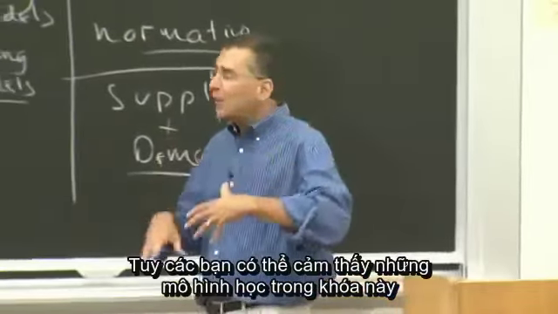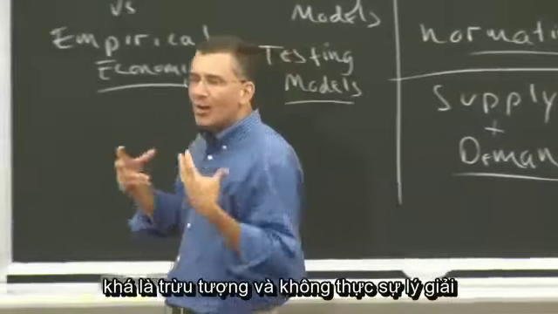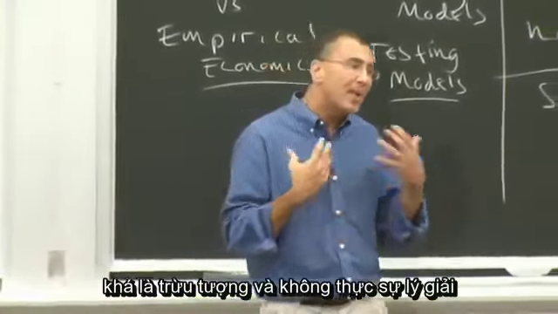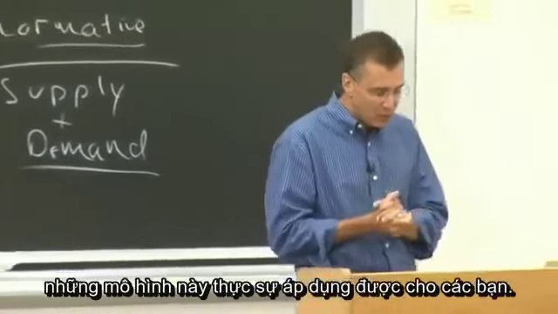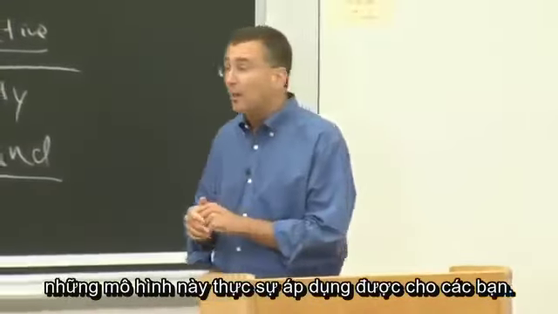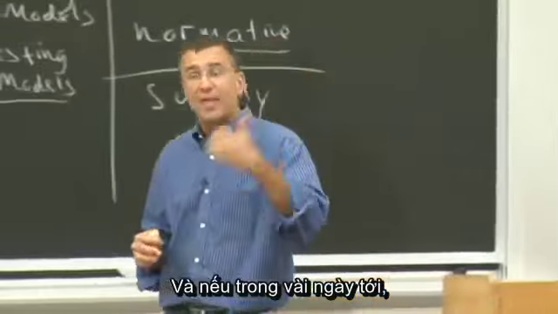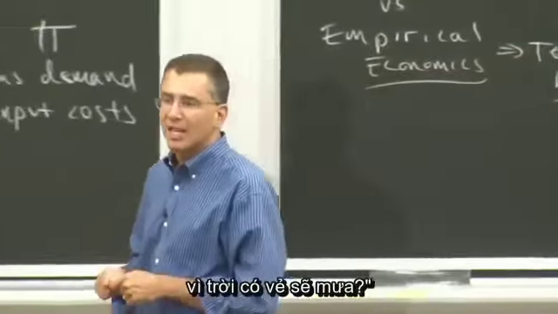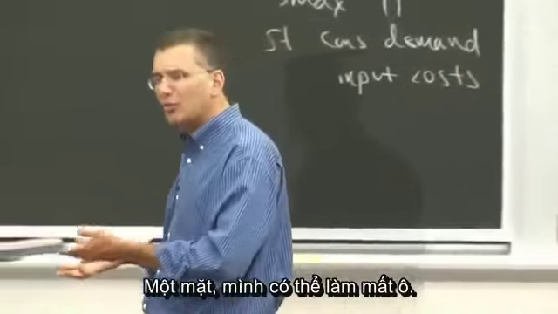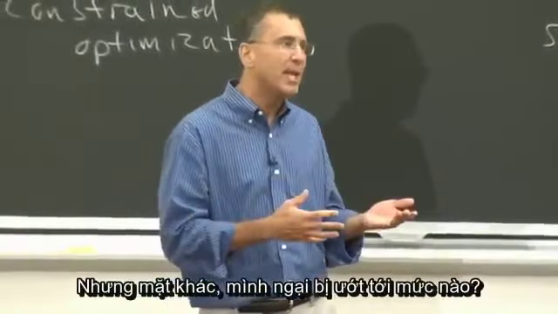So while you may feel the models we learn in this course are rather abstract and don't really explain how you behave on an everyday basis, you're going to behave as if those models are really applying to you. And if you think about, over the next few days, think about the decisions you make. From should I bring an umbrella today, it looks like rain. Well, on the one hand, I might lose it. It's a pain to carry. On the other hand, how much do I care about getting wet?